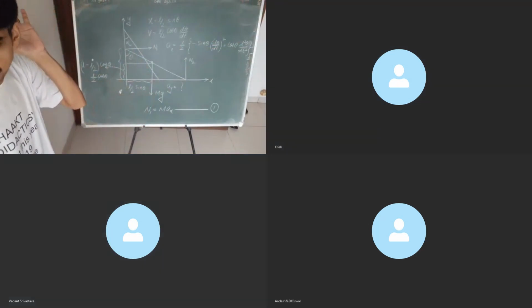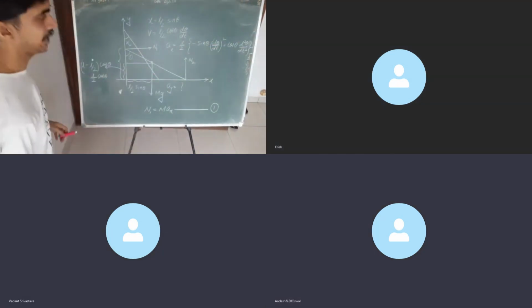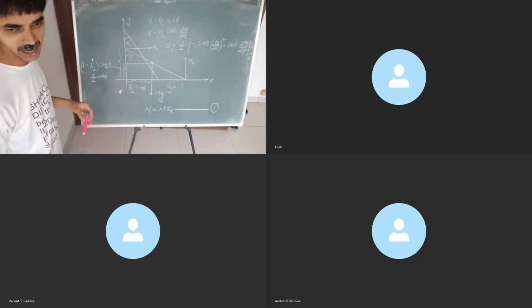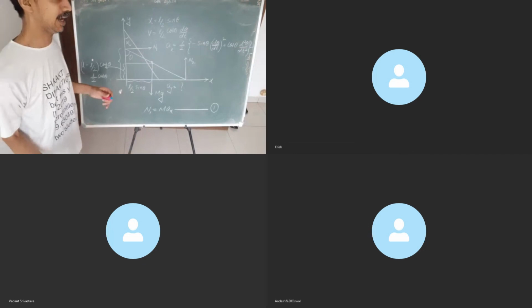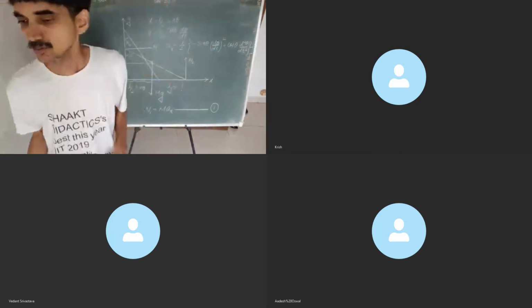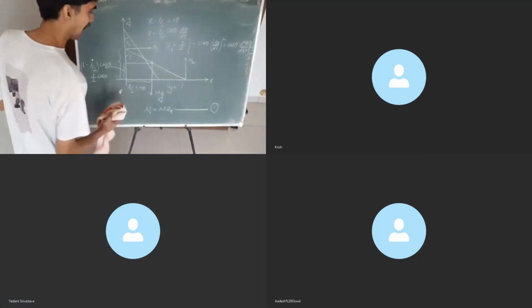You are in requirement of these two, correct? If I get you what d theta by dt is and what d square theta by dt square is, you can get me theta, correct? So let us try to figure that out.